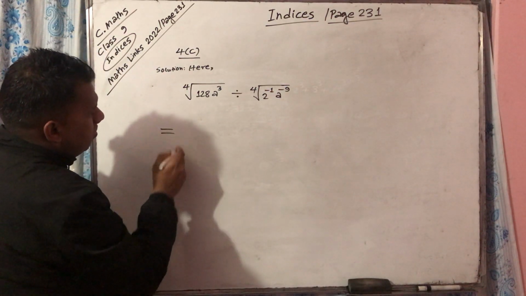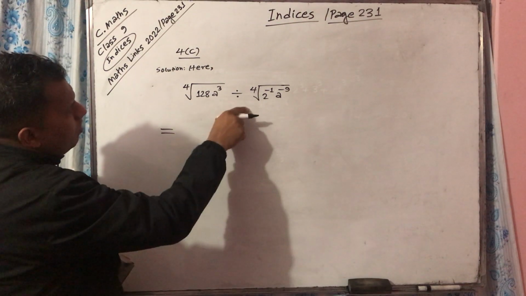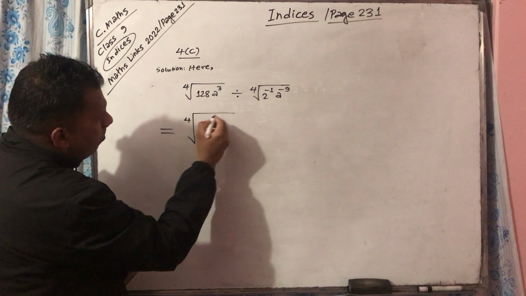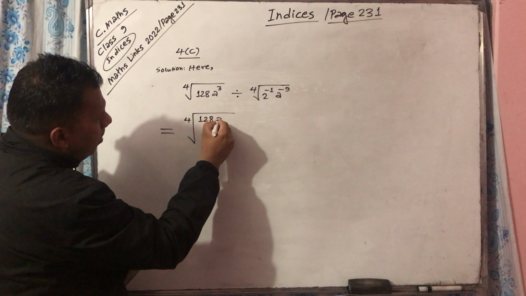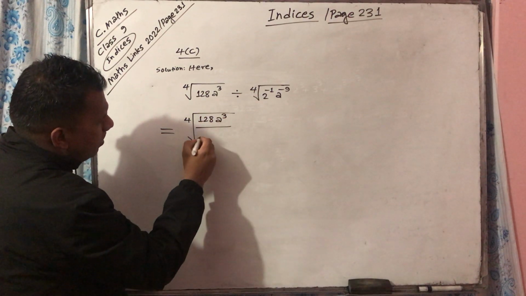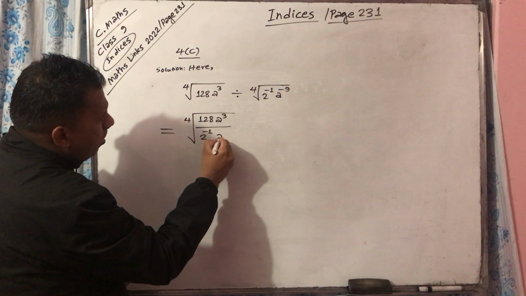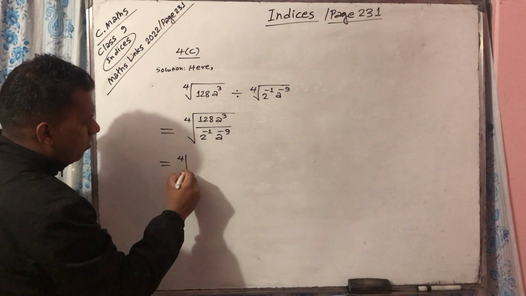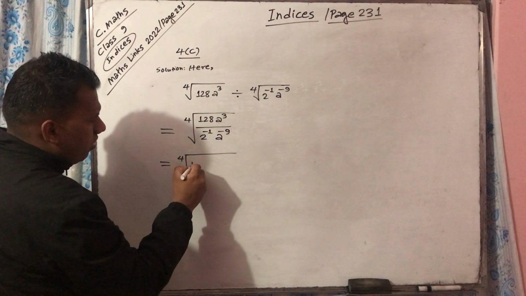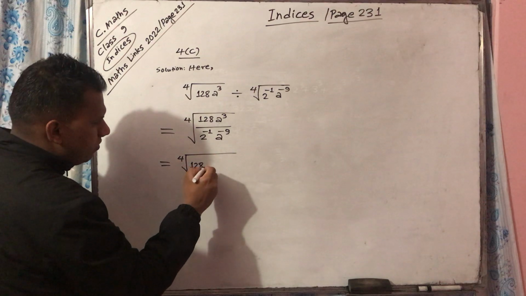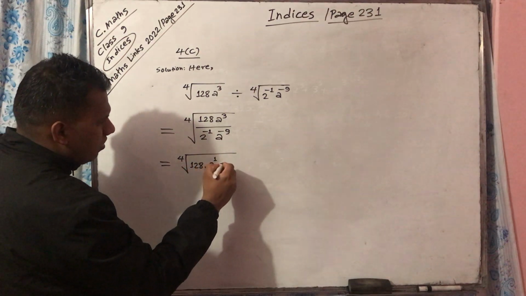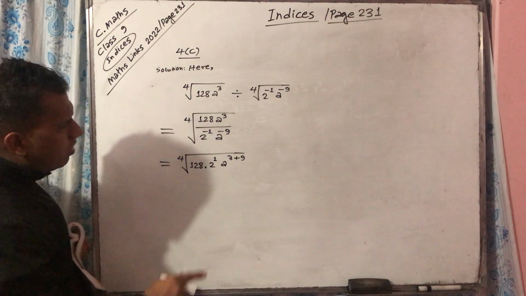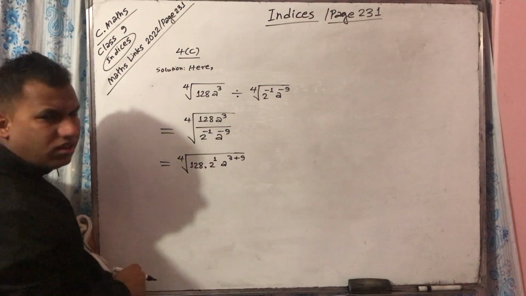This equals to, since the order is the same, so we can put in the single root. Fourth root of 128 a cube upon 2 to the power minus 1 a to the power minus 9. This equals to fourth root of 128 times 2 to the power 1, a to the power 3 plus 9. This negative power becomes positive when moving up.